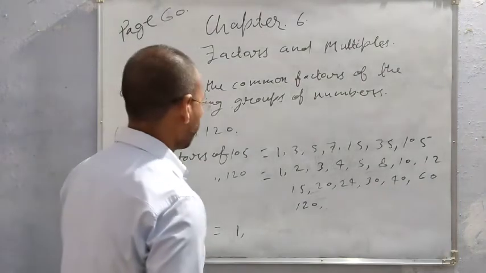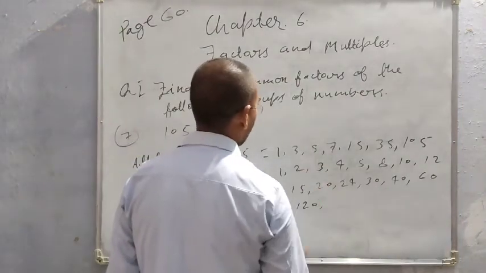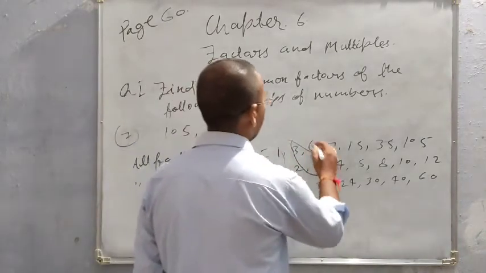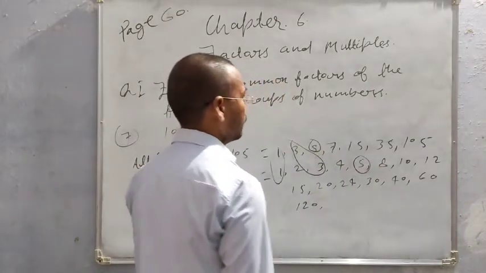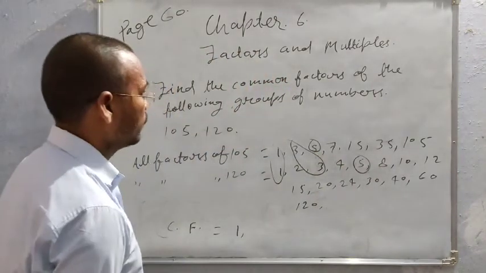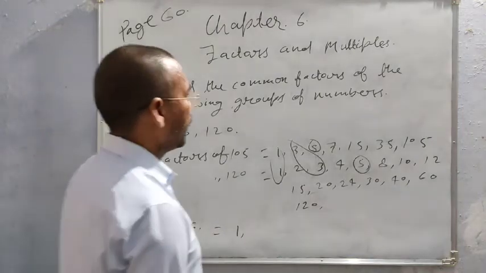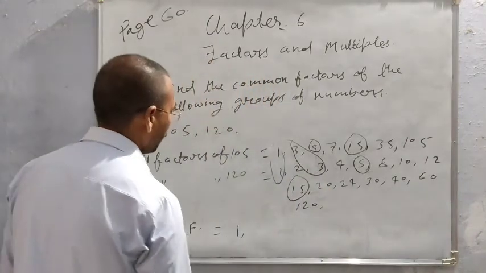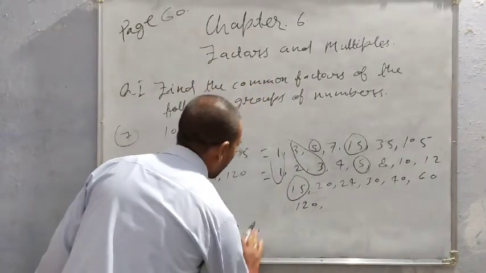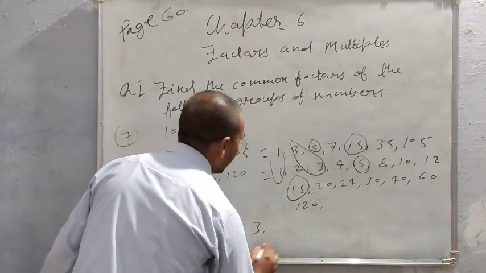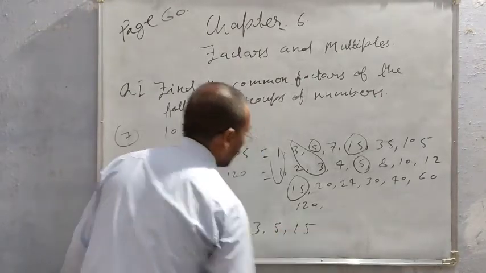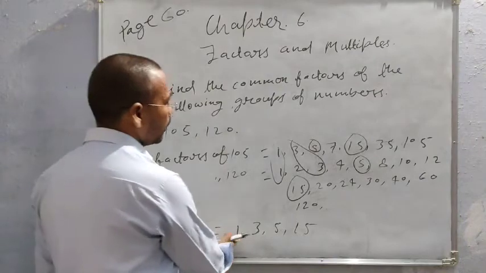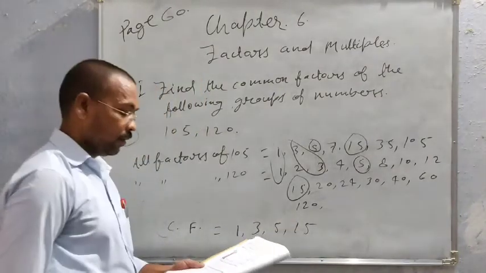And then select here, 3 here also, 3 here also, 3, 5, 15. So 1, 3, 5 and 15. These are the common factors of 105 and 120, that is 1, 3, 5 and 15.